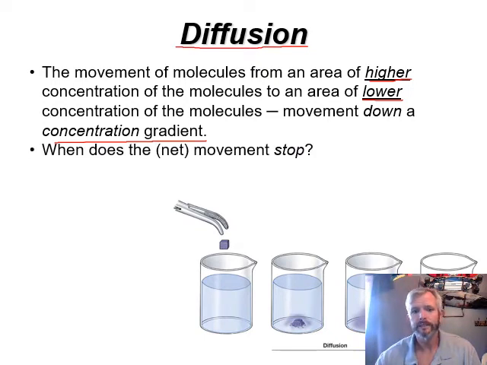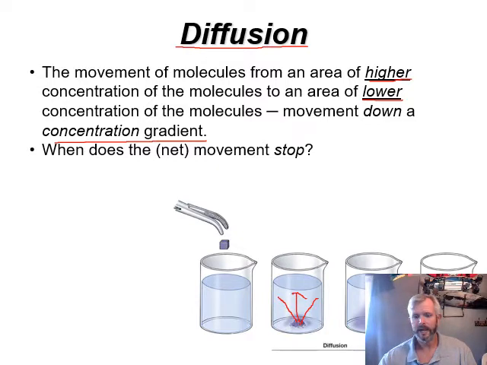When does it stop? When would diffusion stop? You can see here, I have water, there's no dye, I put this cube of dye in, it goes to the bottom. Now there's a high concentration of dye here and very little concentration of dye out here. But what happens? The dye starts moving out from the area of high concentration to areas of lower concentration.